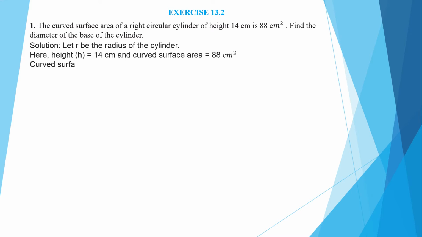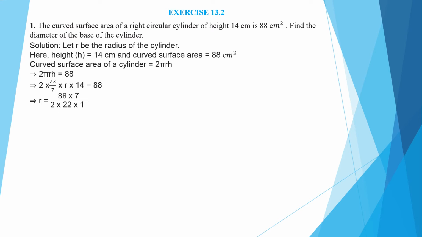The curved surface area of a cylinder is 2 pi r h, so 2 pi r h is equal to 88. So 2 into 22 by 7 into r into 14 is equal to 88. Cross multiplying, we get the radius equal to 1, and the diameter is 2 times the radius, so 2 into 1, which is equal to 2 centimeter. In this way we calculate the diameter.